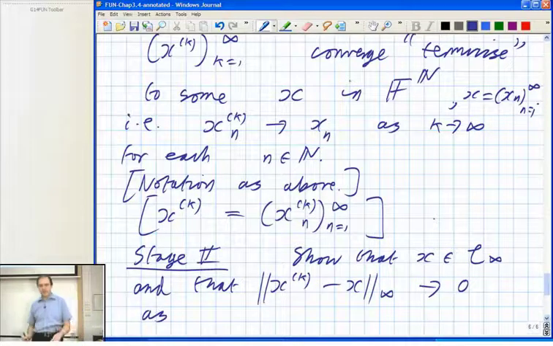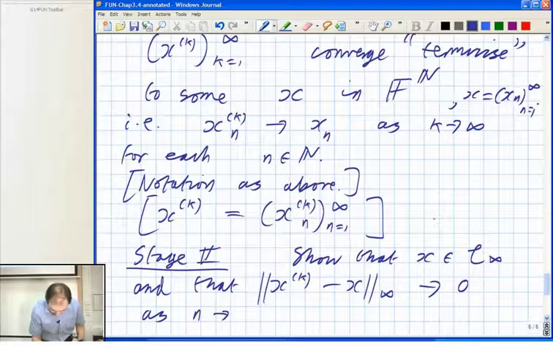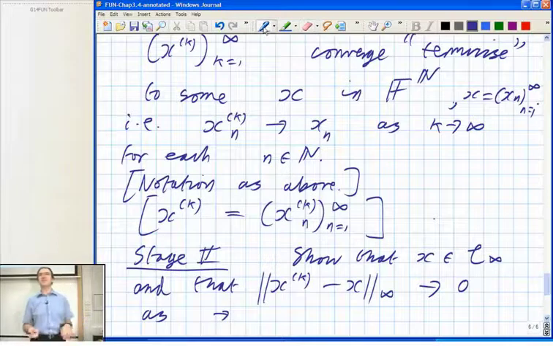So that the uniform norm of the difference has to tend to 0 as k tends to infinity. I'm bound to get into trouble with my k's and n's. If you spot that my k's and n's have got swapped, do let me know.